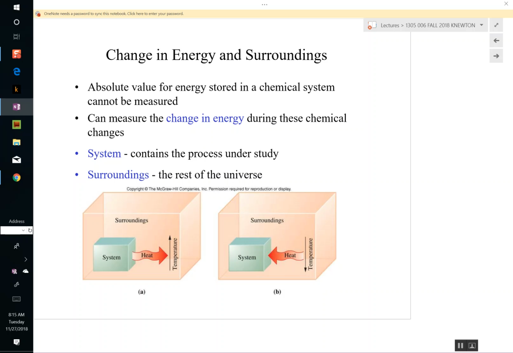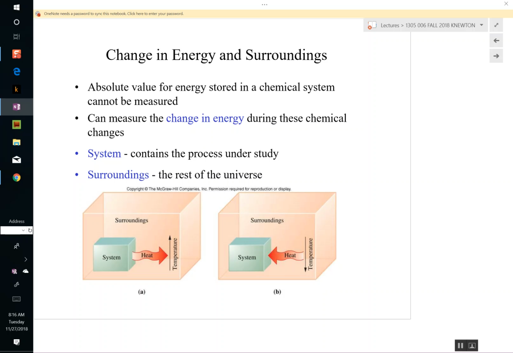in thermodynamics, they talk about a system and the surroundings. So if you want to study a chemical reaction, you have to see where the boundaries are so you can see what's happening as a result of that chemical reaction and not just the surroundings.